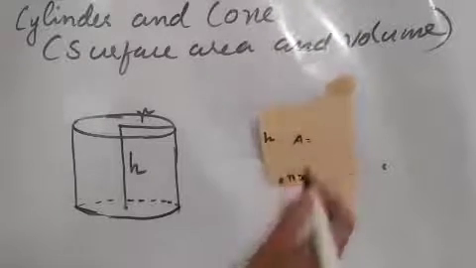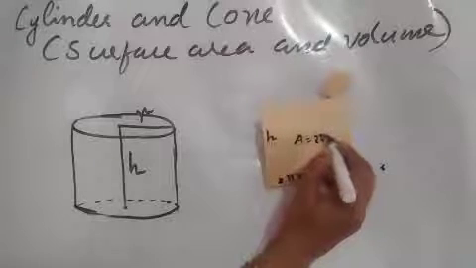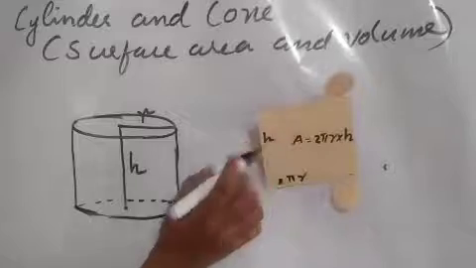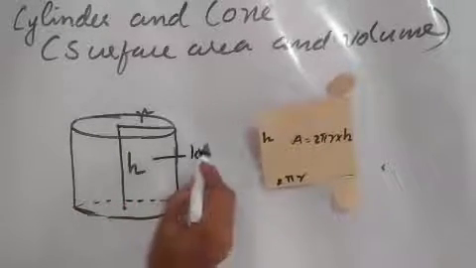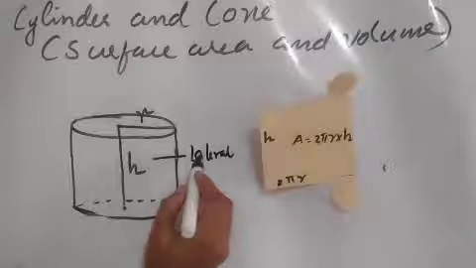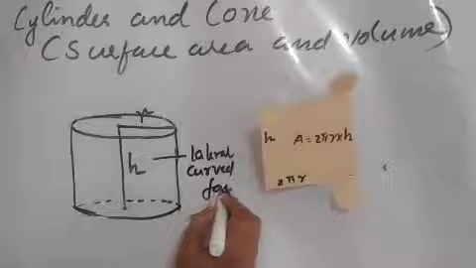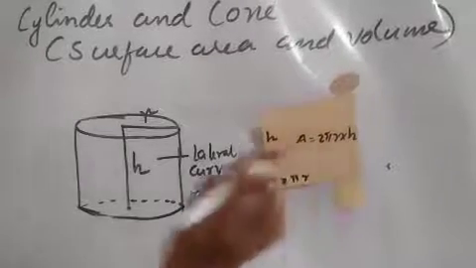Area equals length into breadth, that means 2 pi r into h. This is the area of the lateral face. This face is called a lateral face or curved face. The curved face area of the cylinder is 2 pi r h.